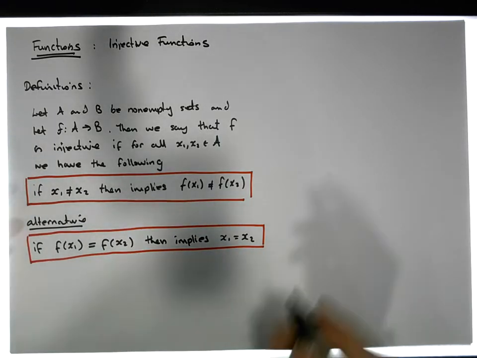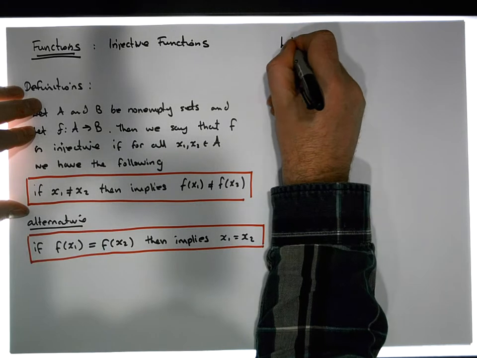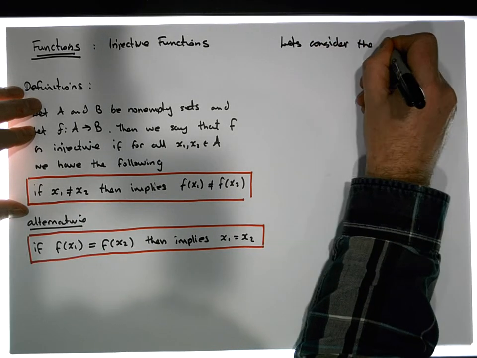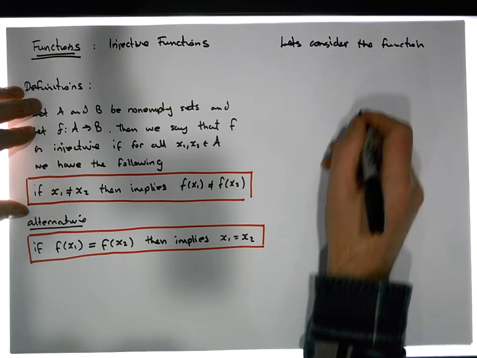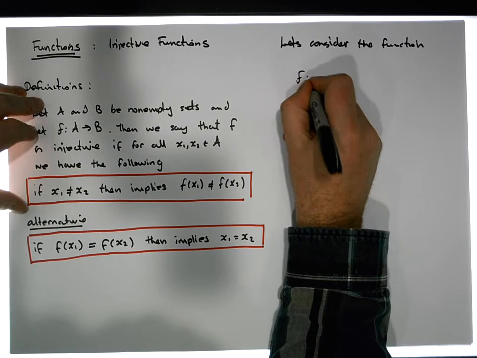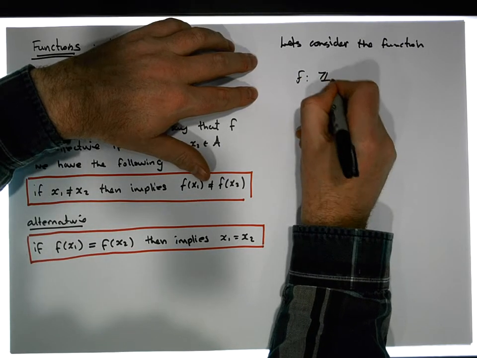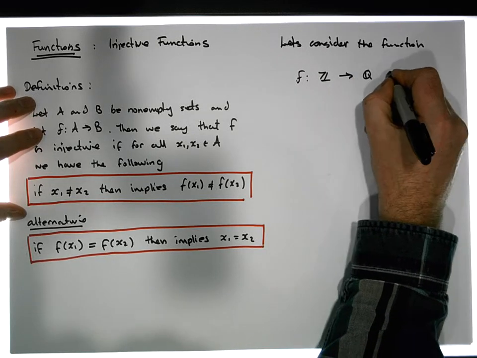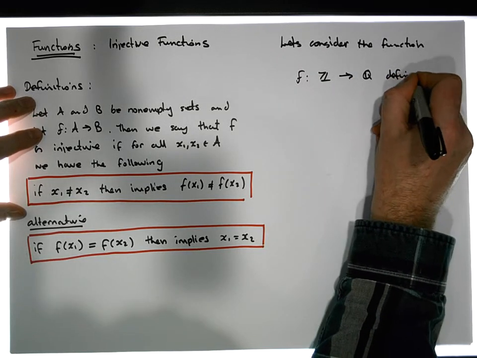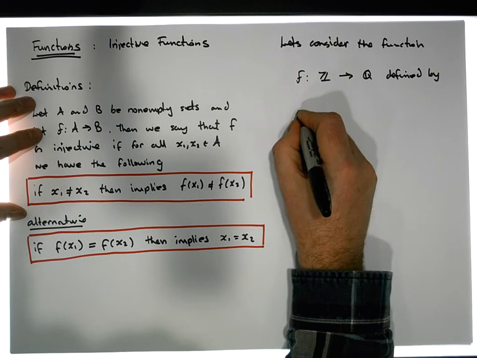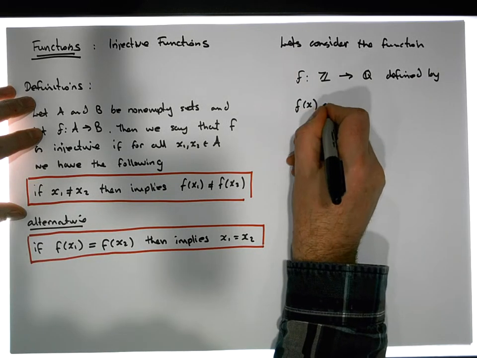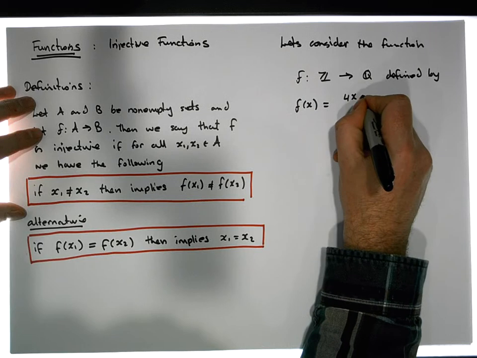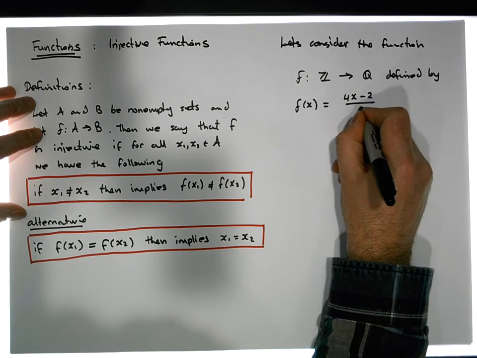So let's consider a function. Let's say the function is f, and what f is going to do is map the integers into the rational numbers. It's defined by f of x equals 4x minus 2, divided by 3.